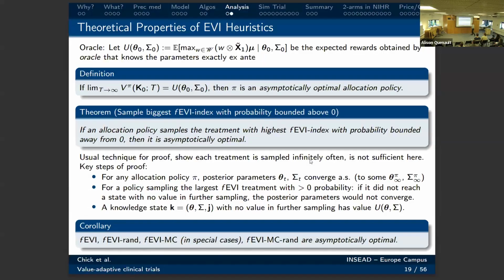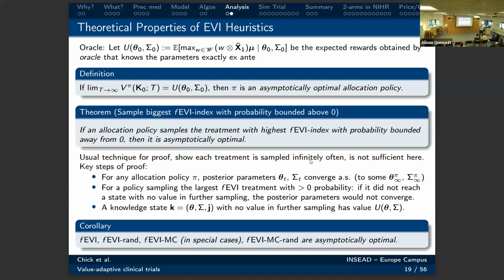A corollary of that theorem is that this one-step look-ahead policy is asymptotically optimal. If you randomize a little bit, you're still going to be asymptotically optimal, with probability epsilon divided by the number of treatment arms, if you have a discrete finite set of arms. The Monte Carlo estimator of that index is not always optimal.